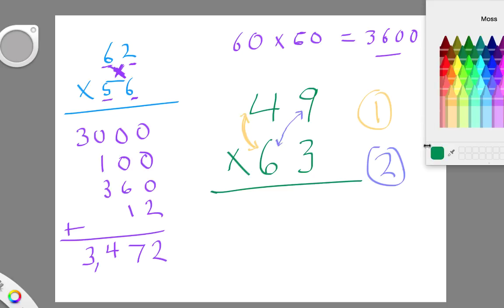Third step is to multiply these two. And the last step is to multiply these two. And you can see there's kind of a little pattern to that. And if you can see this pattern and start to understand it, you're going to get all the answers right. All right, have a good time.